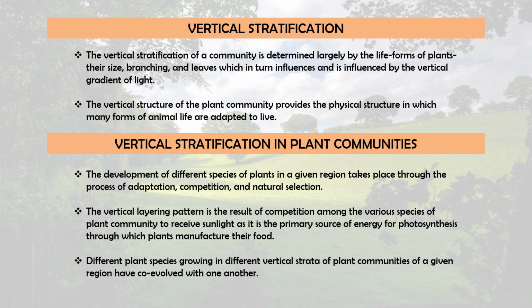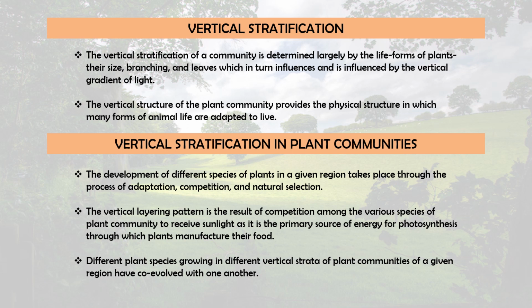In case of vertical stratification, it is determined largely by the life forms of plants according to their size, branching, or leaves, which influences the ecosystem and is influenced by the vertical gradient of light.